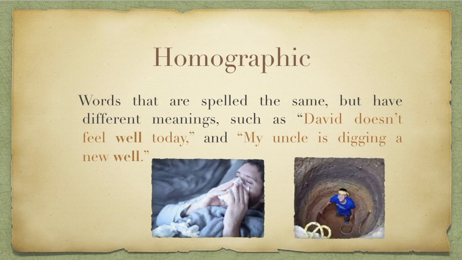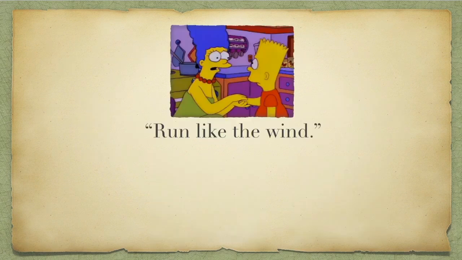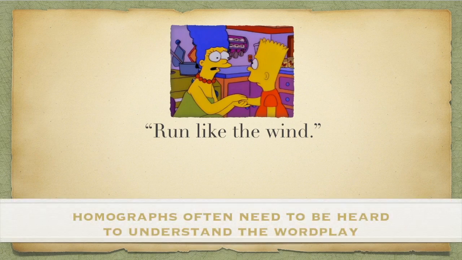Category number 2, homographic. So they are basically words that are spelled the same but have different meanings, such as David doesn't feel well today, and my uncle is digging a new well, as you can see in the picture, alright? Now, let's see an example from Simpsons. So, this type of paronomasia can be tricky to execute since homographs often need to be heard to understand the wordplay.